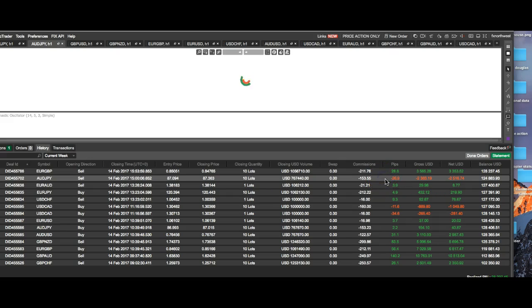This was just a trade I took, and I ended up getting stopped out. So overall, we had a very successful day, with the exception of USD CAD. Over almost 300 pips on this day. Well, minus the losses, that would be less.